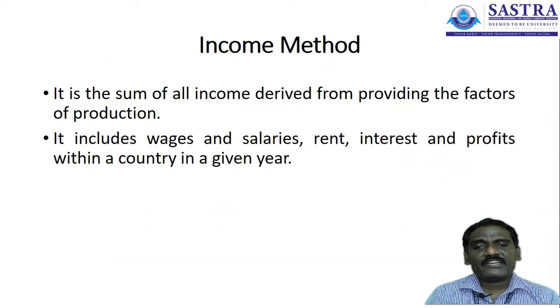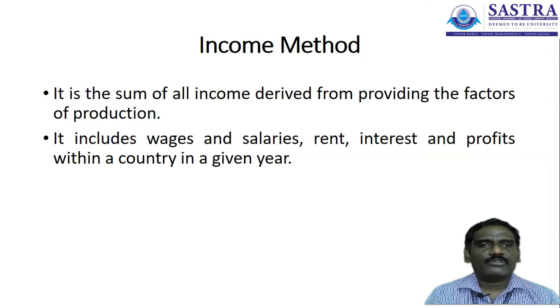And the income method is the sum of all income derived from providing the factors of production. It includes wages and salary, rent, interest and profit within the country in a given period of time.